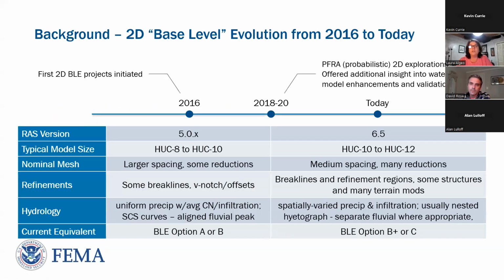So why is two-dimensional modeling important? We started probably in 2016, maybe even one-offs before that. But in 2016, when RAS was released in 5.0, we had a free version from HEC that was able to do two-dimensional modeling.